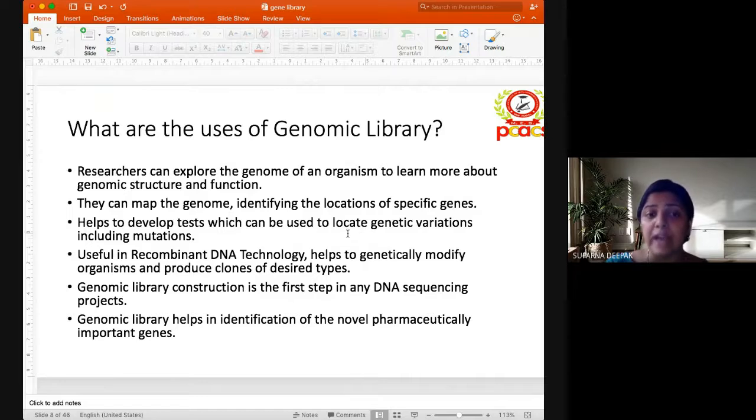It is useful for recombinant DNA technology, like whatever modifications and colonies are produced, they can be utilized for further experiments. Whatever manipulation you want to do can be done.